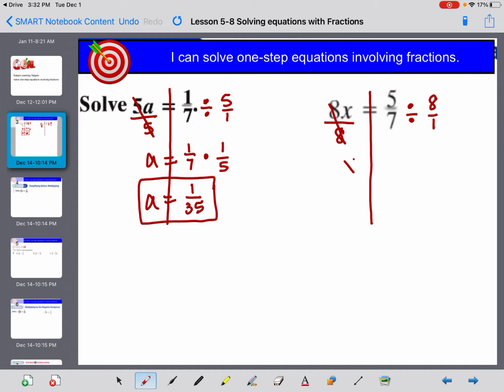I need to use the rules for dividing fractions that we talked about yesterday. To divide fractions, you multiply by the reciprocal. So I change division to multiplication, and I flip 8 over 1 to 1 over 8. Then I simplify if I can, and then I multiply across, and I get 5/56.